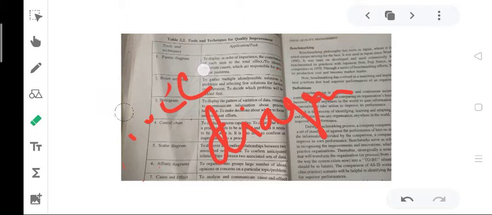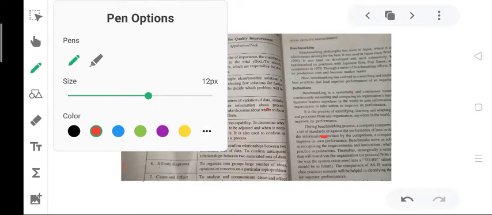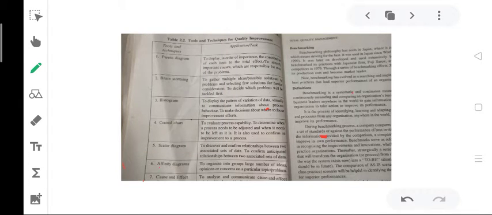Next one is very important, that is benchmarking. This is the tools and technique benchmarking.